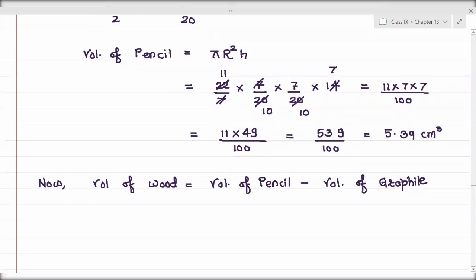So if I remove the graphite portion, only the wooden part will remain. Volume of pencil how much we have? 5.39, and volume of graphite how much we have? 0.11. So I think 9 minus 1 is 8, 3 minus 1 is 2, this will come 5.28 centimeter cube.